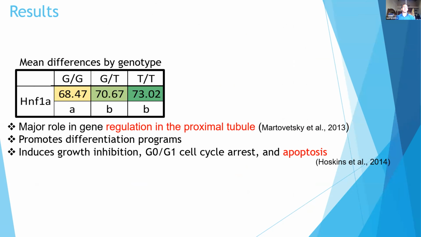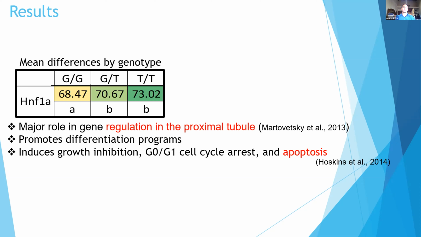If we take a look, for example, at this transcription factor, the HNF1A, individuals that are grouped as TT for the most significant marker are highly similar to the HSRA strain, meaning that this transcription factor had been selected for in those specific individuals.